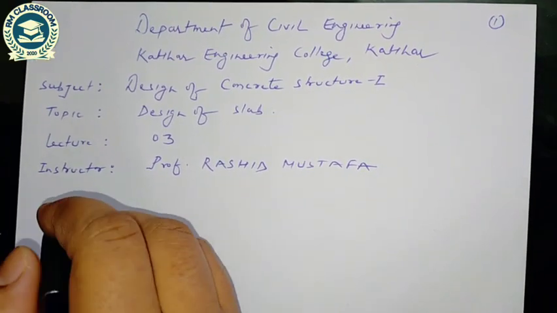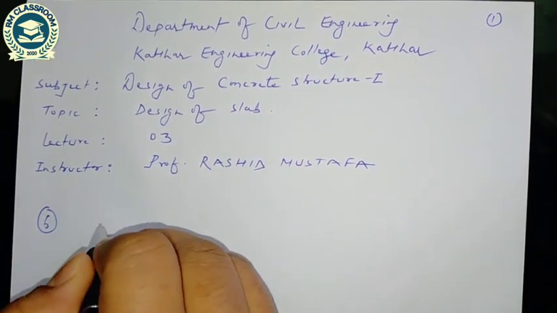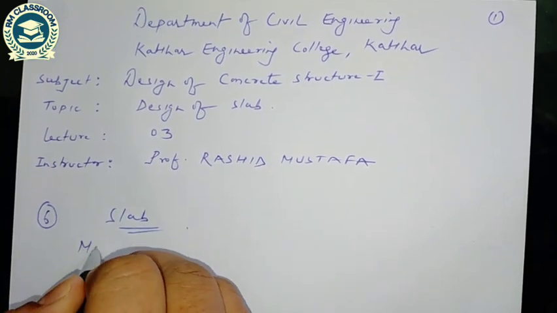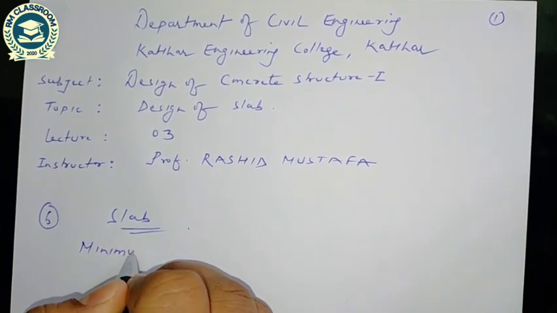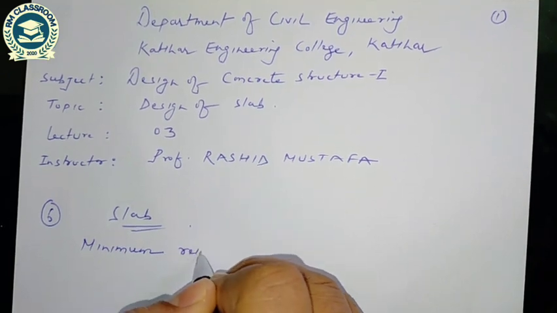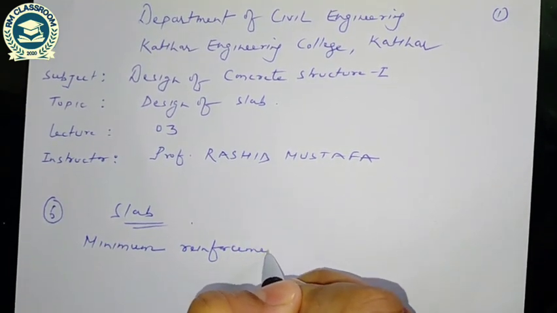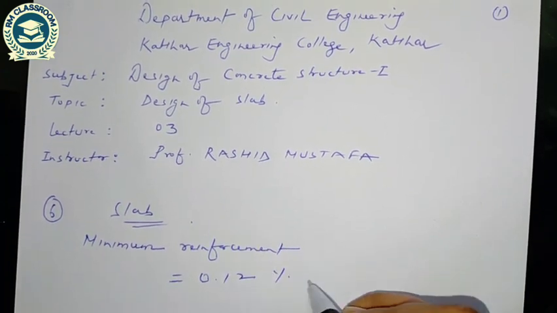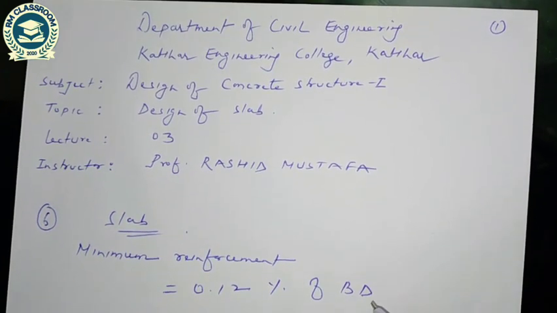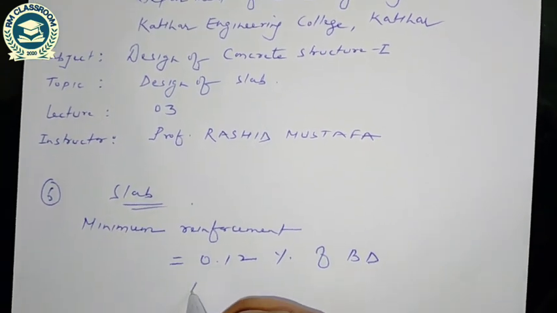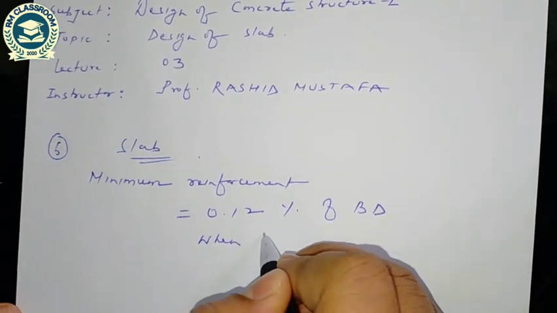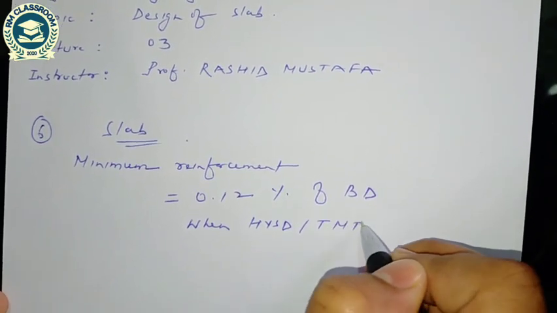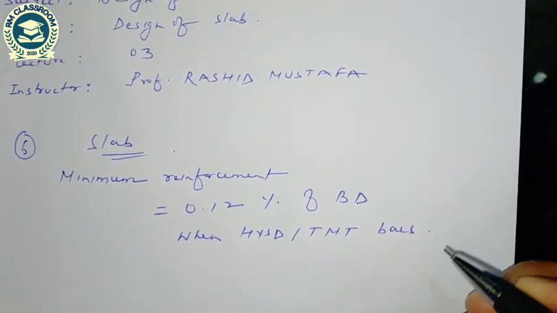For a slab, minimum reinforcement is equal to 0.12% of capital B into D when HYSD or TMT bars are used.